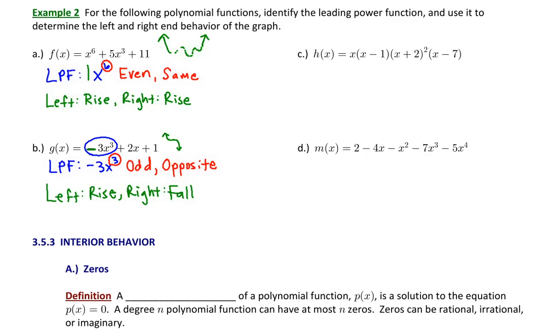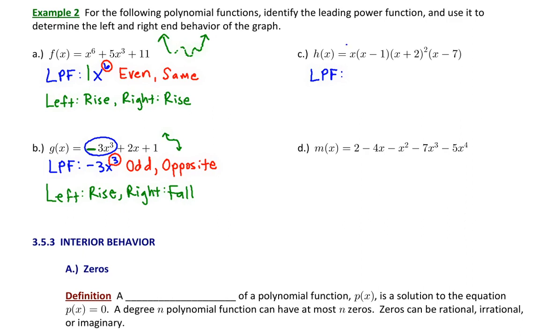Now, on example C, we have a polynomial in factored form. In order to identify the leading power function, we would have to execute all of the multiplication and identify our highest powered term. But that's going to be a lot of FOIL, a lot of multiplication. So instead of actually carrying out all of the multiplication, we can just anticipate our highest powered terms.